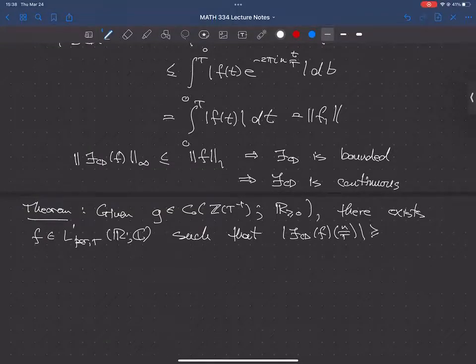Well, the rate isn't the same, but at least I know that its modulus is larger than G. Right, so I have no control over the rate at which the CDFT of something in L1 goes to 0.